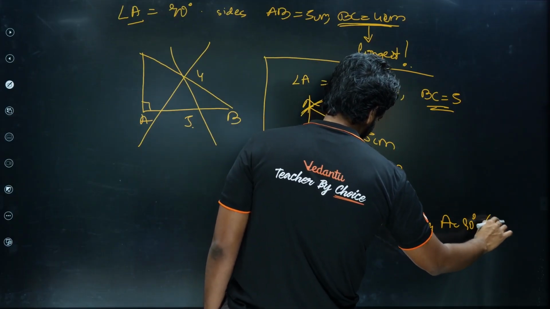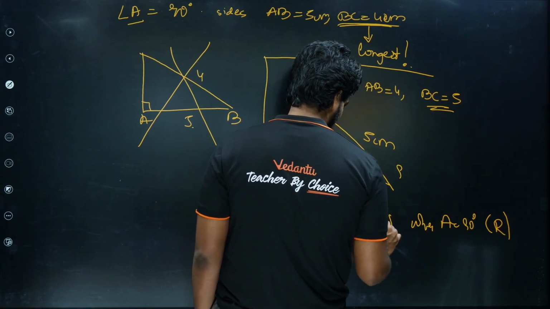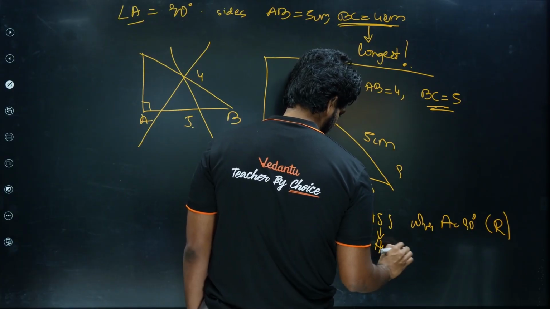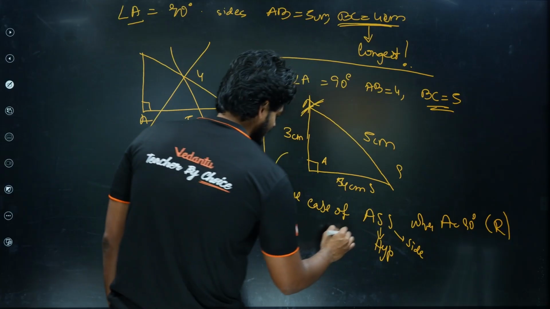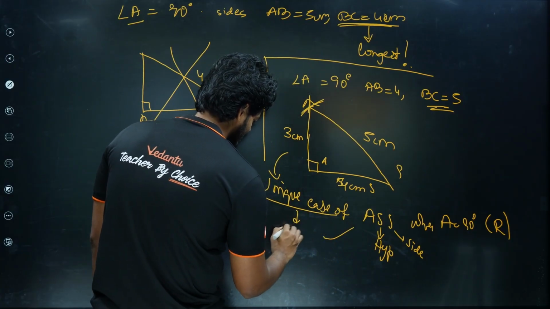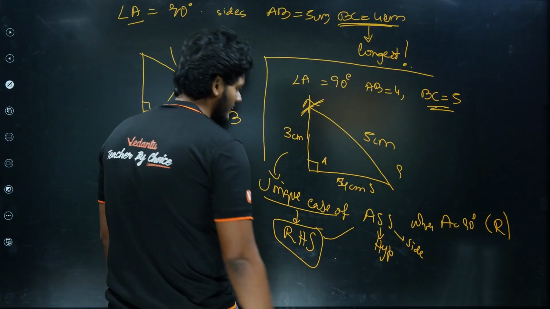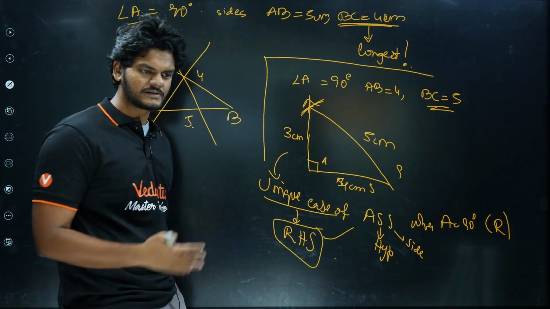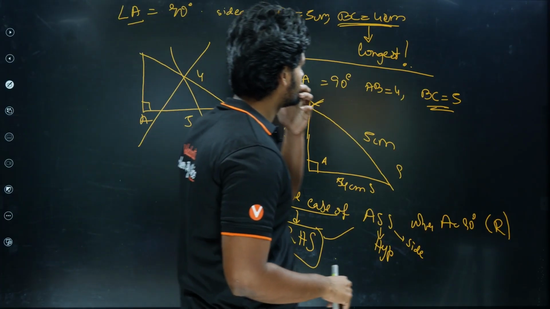So we call it with letter R. One side will be the hypotenuse. One side will be another side simply. So we call this unique case, we call this RHS. You can again try to make a physical construction on a paper and let me know how it happens, right?